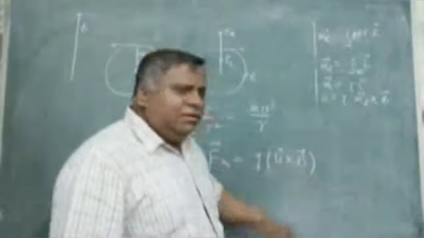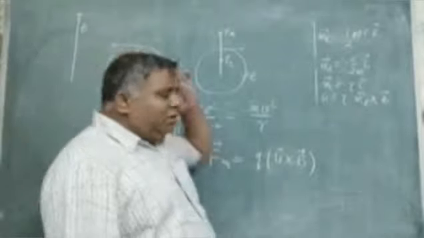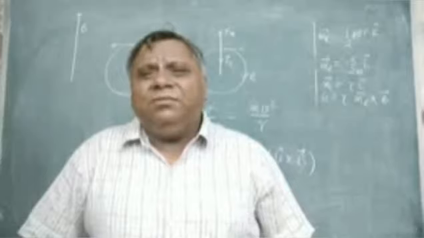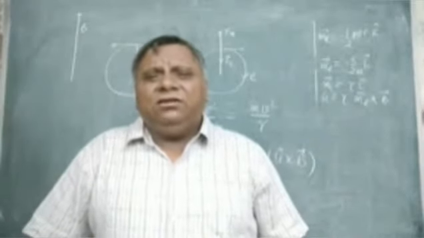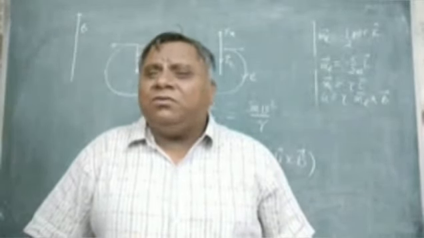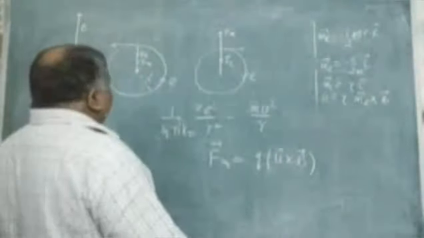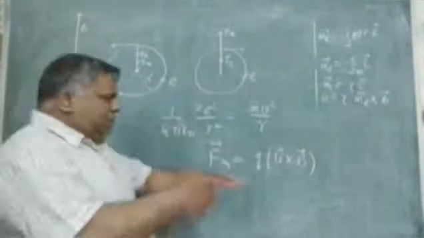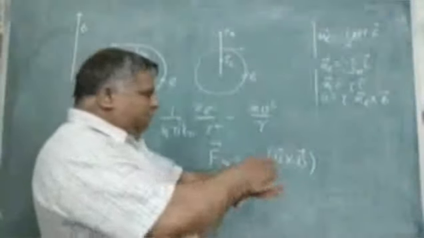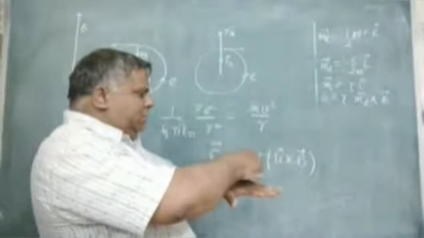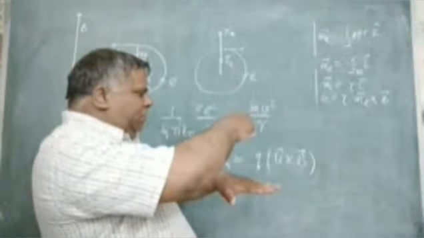So, v cross B. This force is always perpendicular to the velocity v and magnetic field B, that is, perpendicular to the plane of B, v cross B. So this situation is like this: plane, magnetic field, electron is moving along this, B is perpendicular to this.